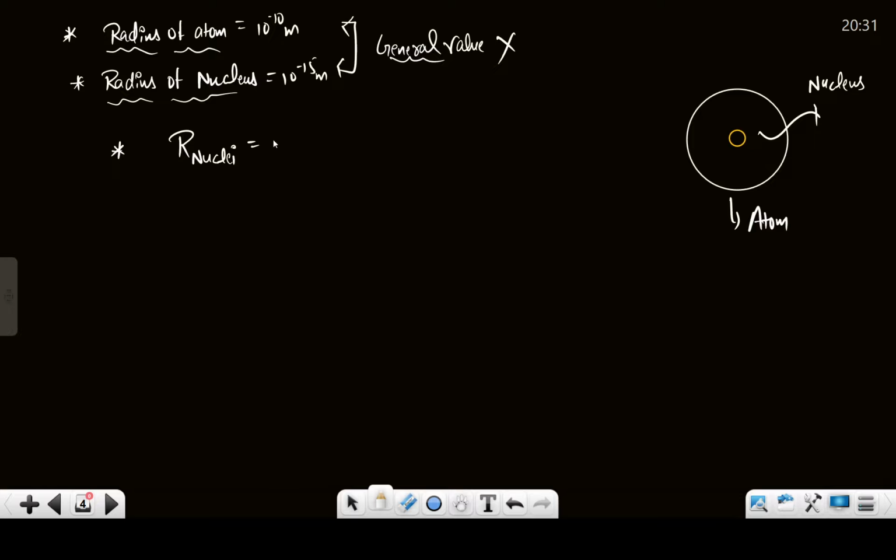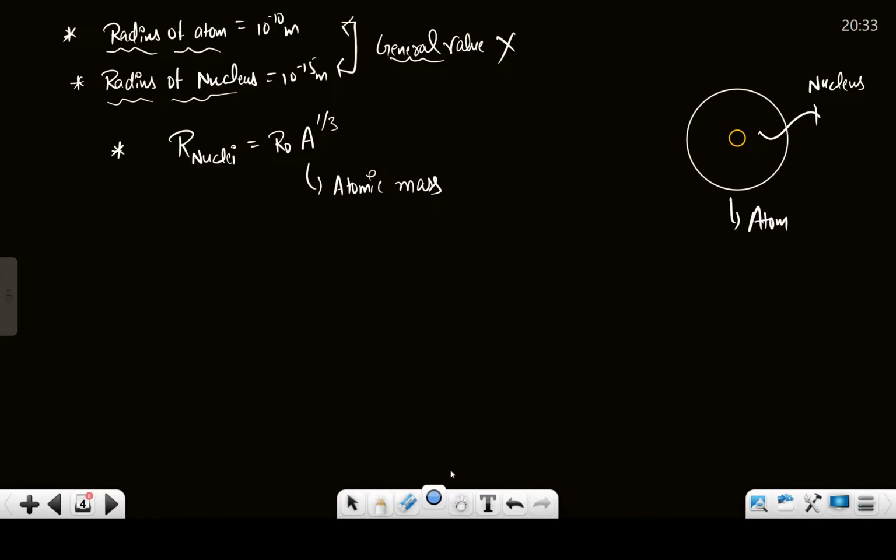There is a relation: the radius of the nucleus is R naught into A to the power 1 by 3, where A is the atomic mass number. I'm hoping that you are getting my point, what I'm trying to explain right here, and that this much is clear to you.